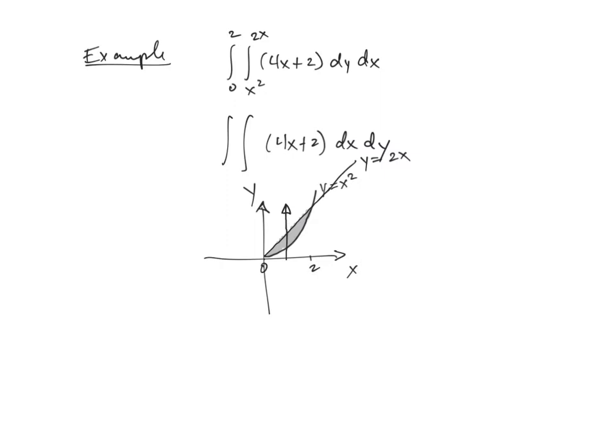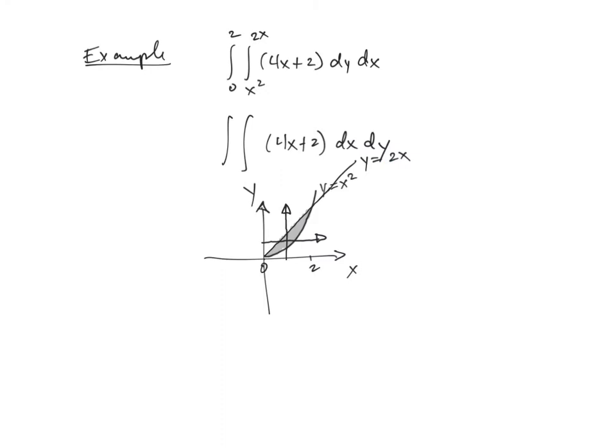Now we're going to do the opposite order, though. We're going to integrate in the x direction, which means we hold y fixed, which means we're going to draw a line through our region of integration in the x direction at a fixed value of y. And we ask, at what x value does this arrow first enter the region of integration? Well, it's along this boundary, which is y equal to 2x, or x equal to y over 2.